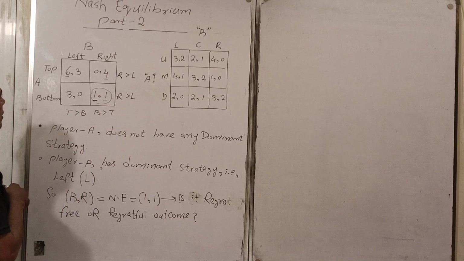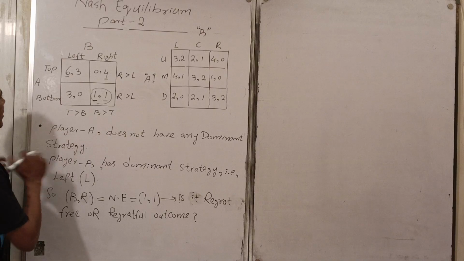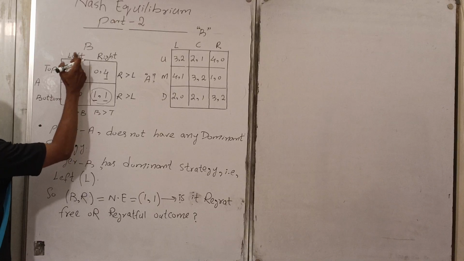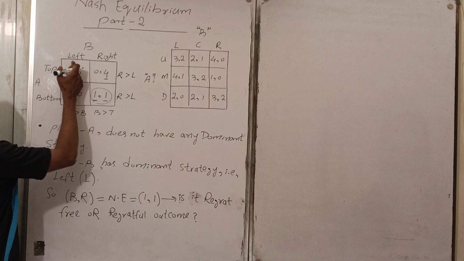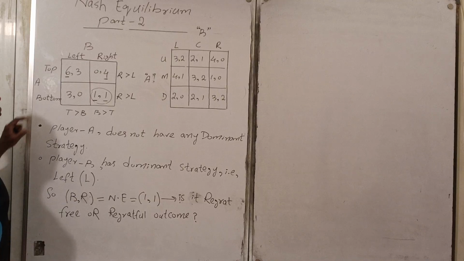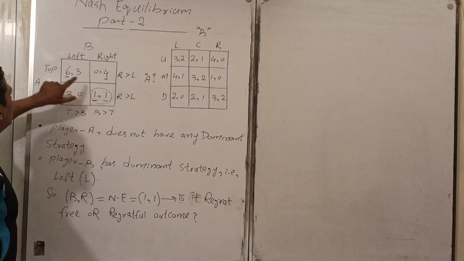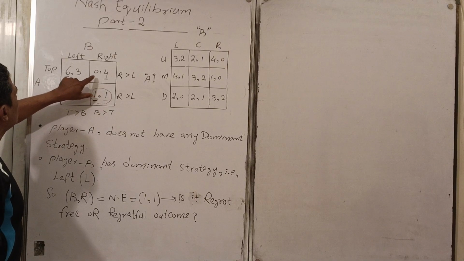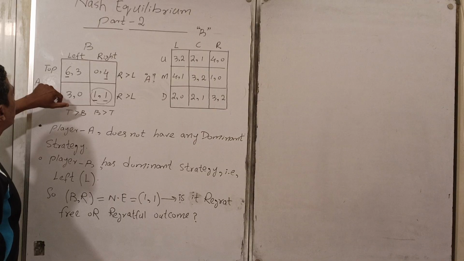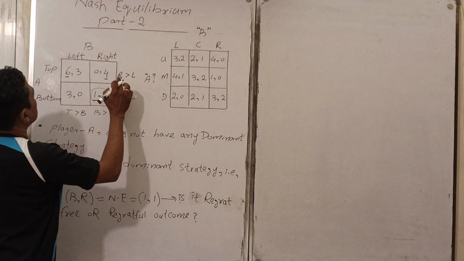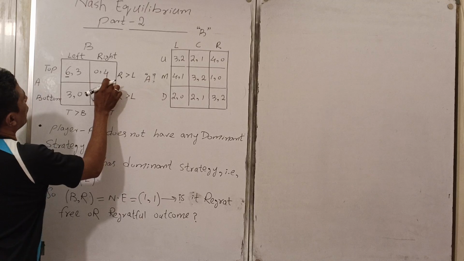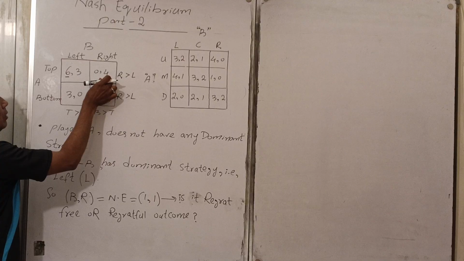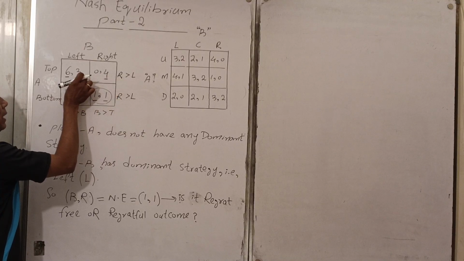Up. Now, look at this one. When we compare that outcome with this, because when we compare for B, B has two choices, left and right. So either we play left or right. So now it means that right is better. This is the payoff for B. So now the right option is better than this one.